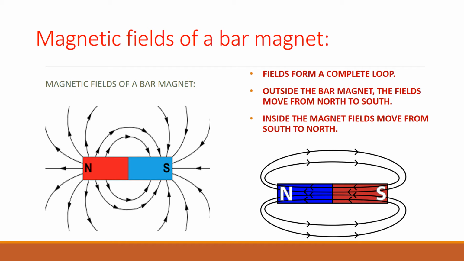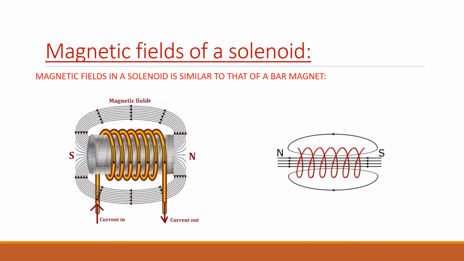Since we've said that magnetic field pattern of a solenoid is similar to that of a bar magnet, now let us see magnetic field patterns of a solenoid, having seen the one of a bar magnet. Magnetic field patterns of a solenoid. Don't you see that they are very similar to that of a bar magnet?